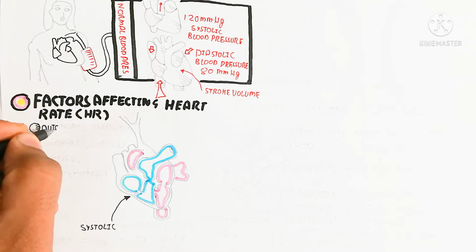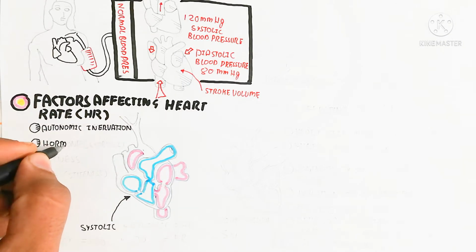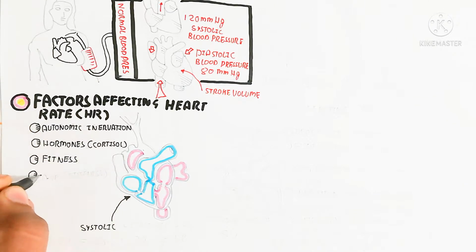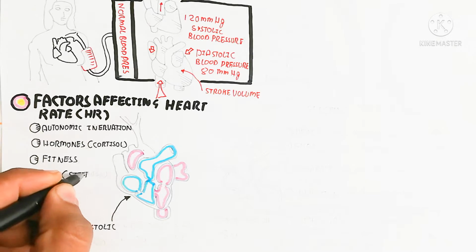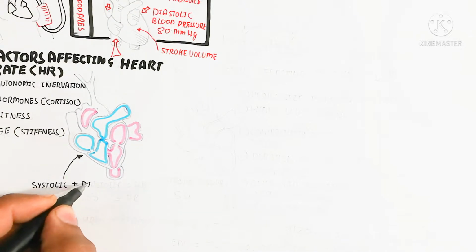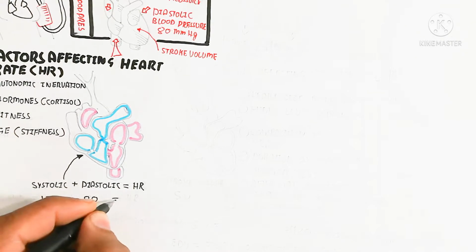For example, the sympathetic nervous system will increase the heart rate, and the parasympathetic nervous system will decrease the heart rate. So the autonomic nervous system innervates the heart, and hormones, for example cortisol, norepinephrine and epinephrine, will increase it, and fitness as well as age matter due to the stiffness of the artery.